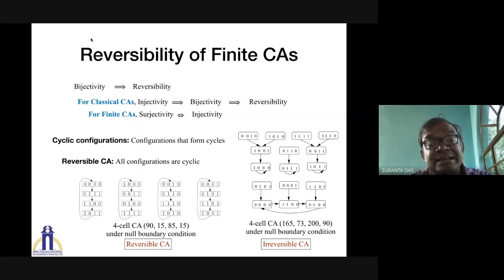They are cyclic configurations, all of them. This is the specialty of finite CA. All these things you may not find in the case of classical CA. So in our case, these are equivalent.